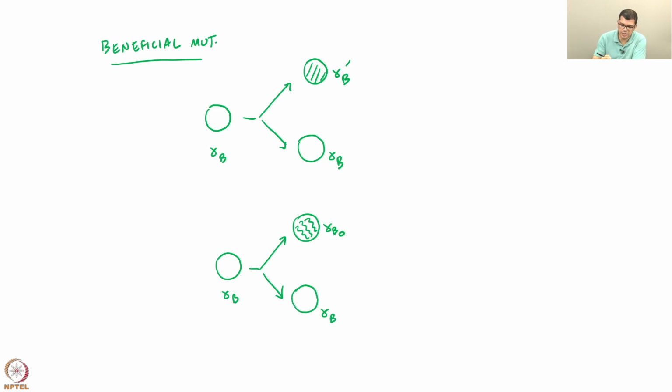Both these mutational events are beneficial mutations. What that means in this context is that RB dash is greater than RB and RB naught is greater than RB. So, both these mutations are what we just described on the previous slide, beneficial mutations.